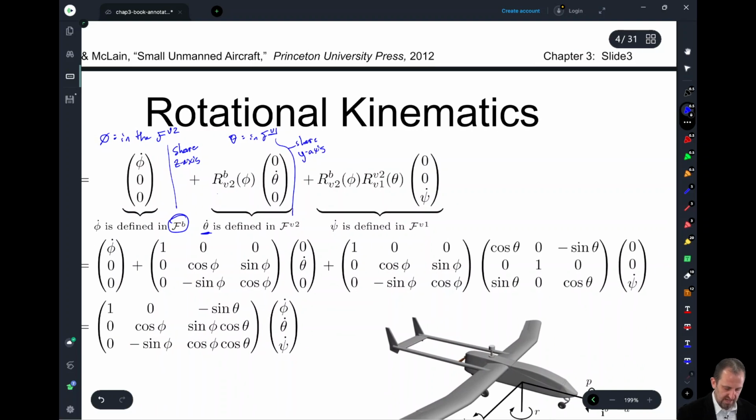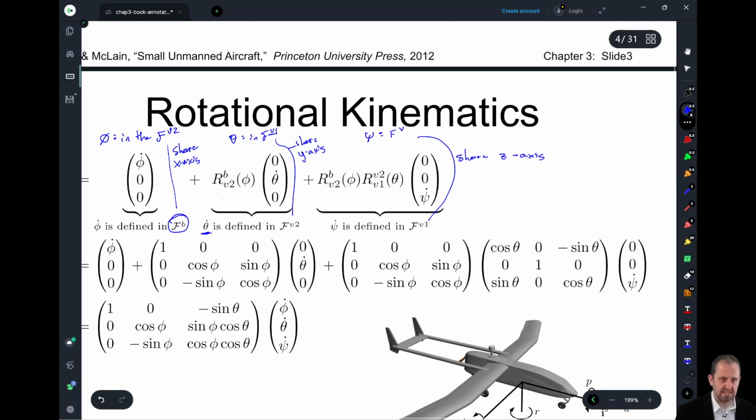Okay, now psi, similarly, it's defined in the vehicle frame, but it shares an axis, the z. Oh, back here I'd said z. That was x, right? Sorry. They share the z-axis.